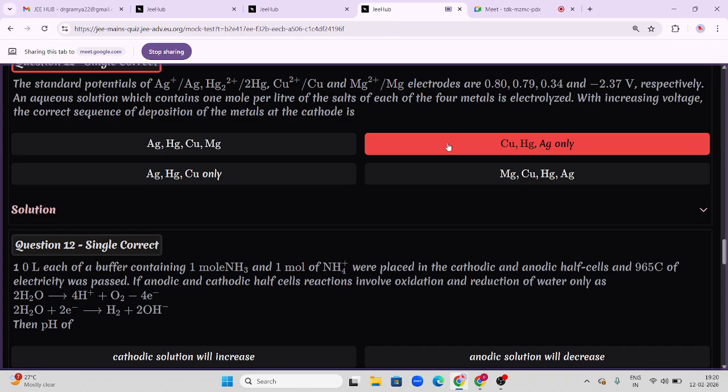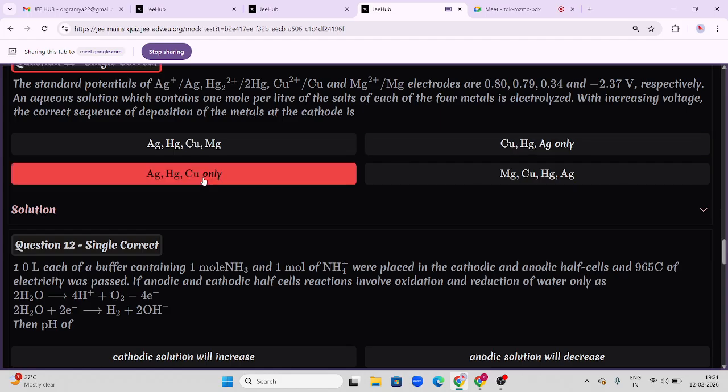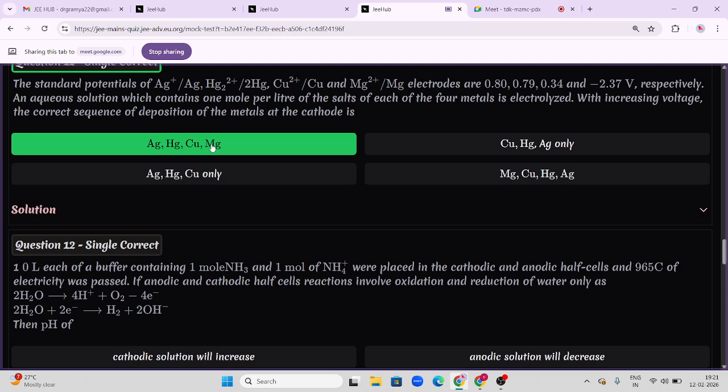More is the positive reduction potential, more will be the deposition, na? Why did you miss magnesium here, Srinidhi? I thought it wouldn't get reduced easily.